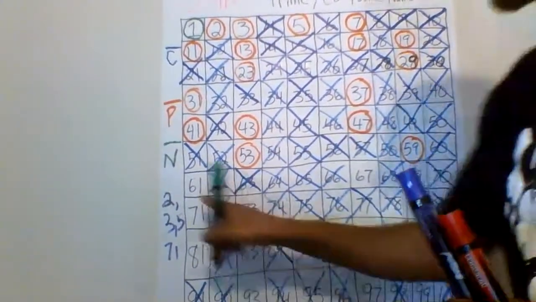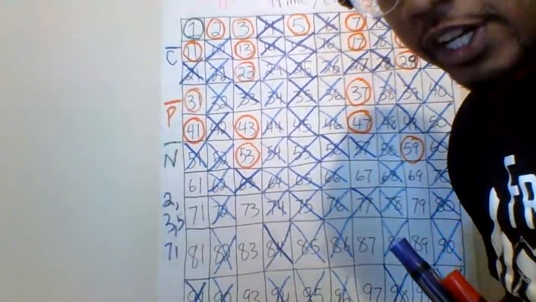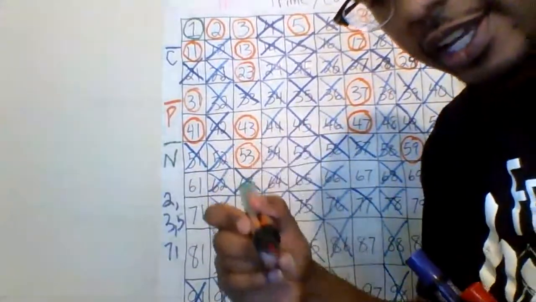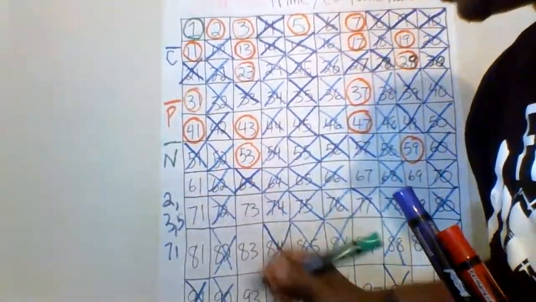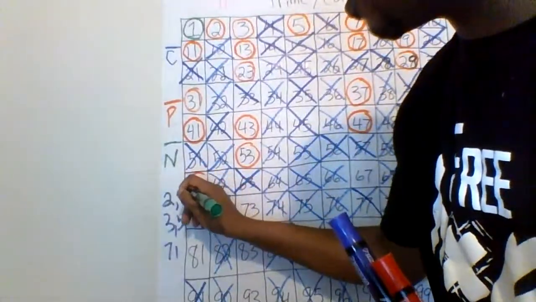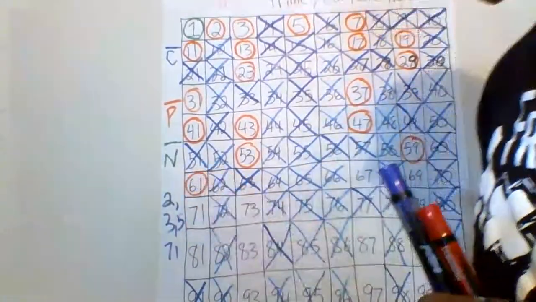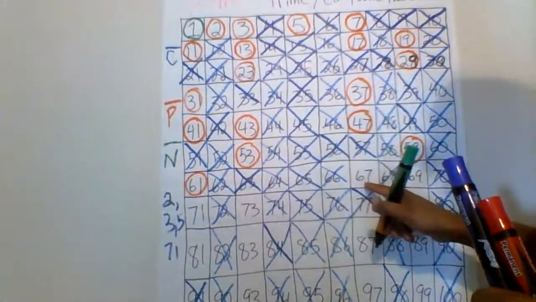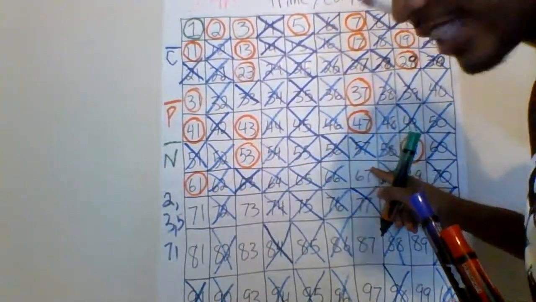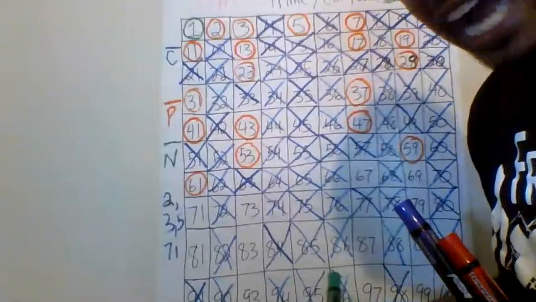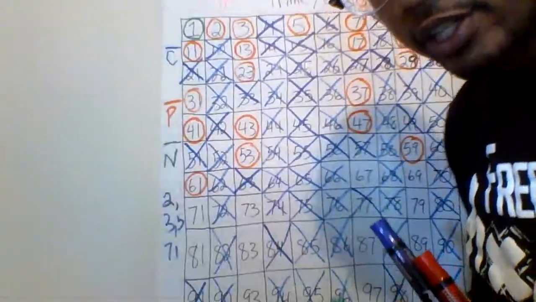All right? 61. 6 plus 1 is 7. 3, 6, 9, not 7. The rule of 3 doesn't work. 61 is prime. All right? 67. 6 plus 7 is 13. I cannot skip count by 3 to get to 13.